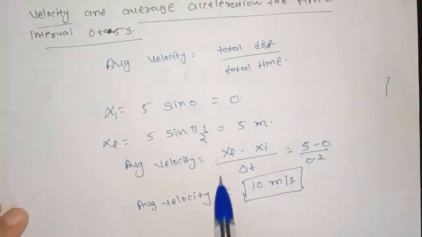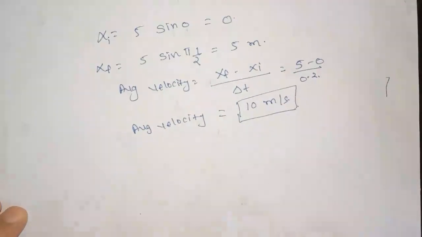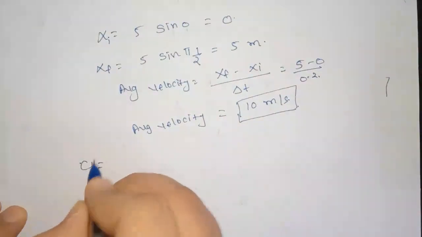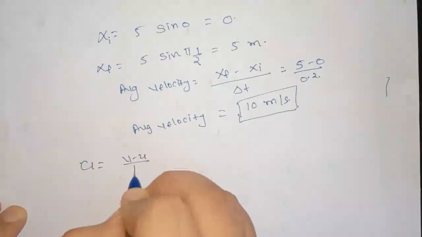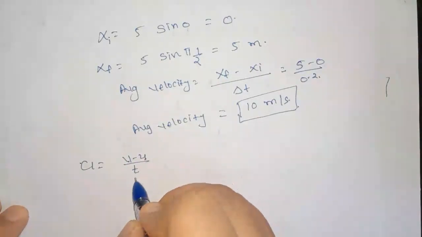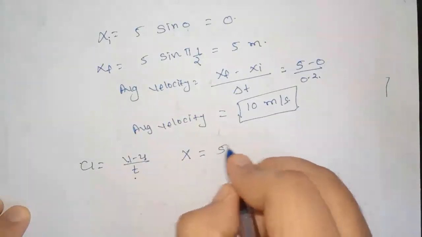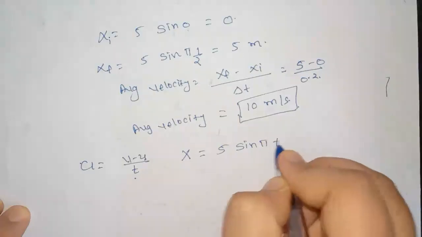Now we want to find the acceleration between 0 and 0.5 second. The average acceleration is given by v minus u upon t. v is final velocity, u is initial velocity and t is time. Here the position equation is given 5 sine pi t.